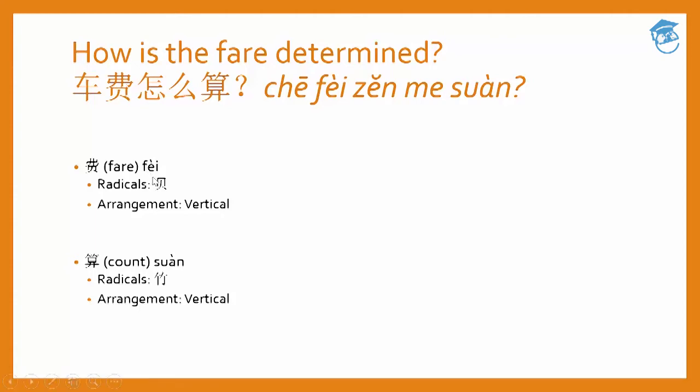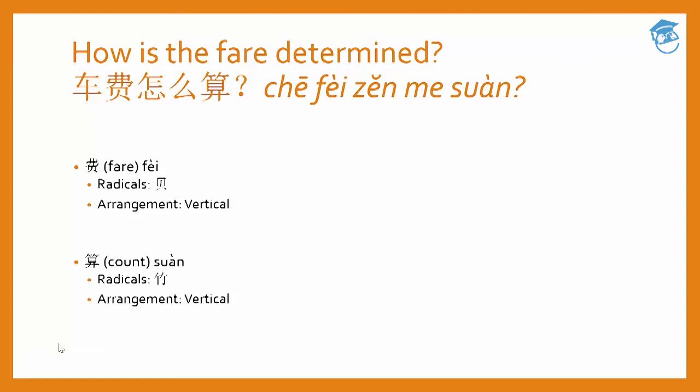This is the pinyin, and the radical is this one, so the arrangement is vertical as you have top and bottom components. Okay, let's look at how to write 费. 1 2 3 4 5 6 7 8 9. 9 strokes for this word, 费.